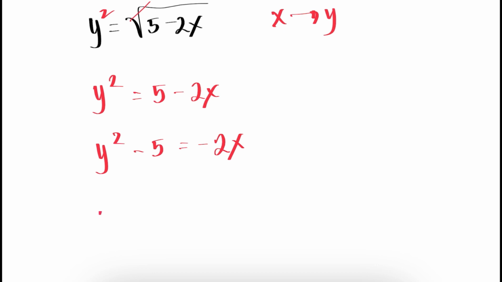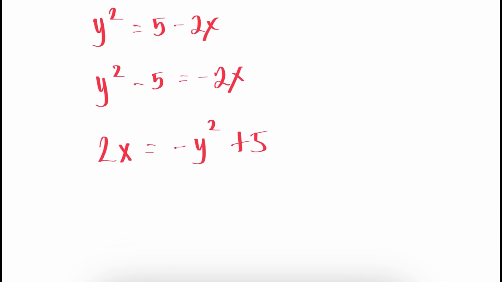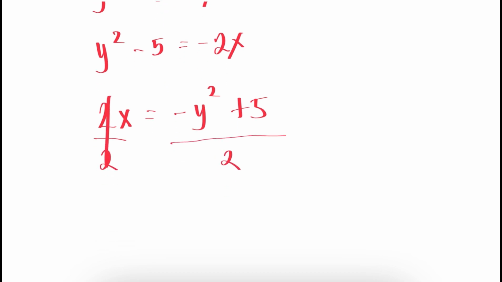Let's interchange. 2x is equal now to negative y squared plus 5. Divide both sides by 2. Cancel this out. So we have x is equal now to negative 1/2 y squared plus 5 halves.